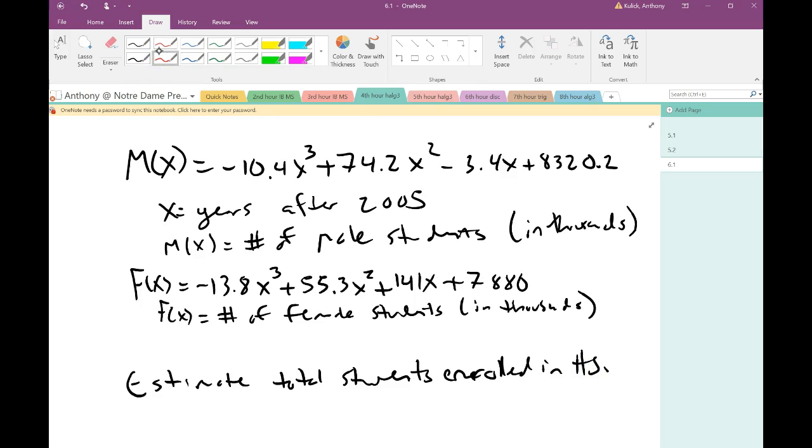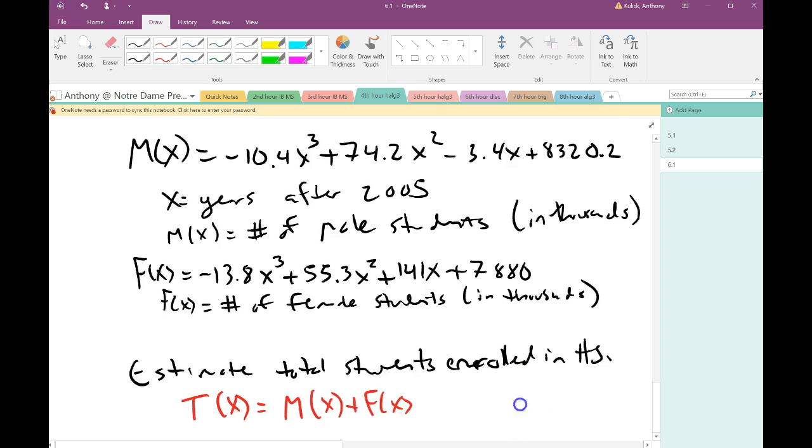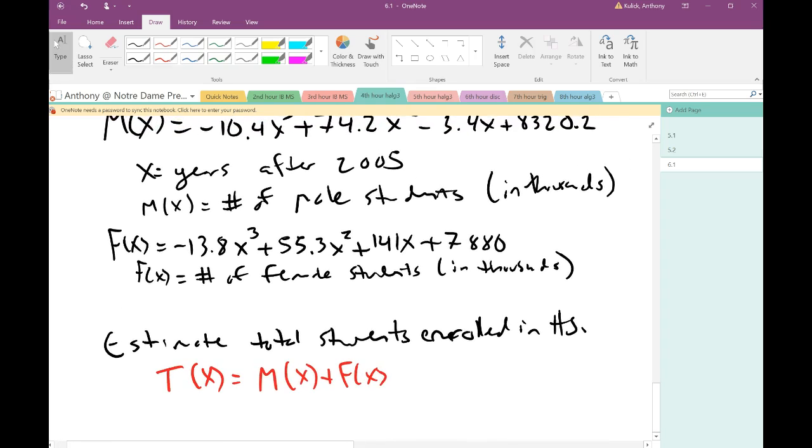Well, that should be pretty easy. The total number of students would be the number of male students plus the number of female students. So if I do that, I get negative 10.4x cubed plus negative 13.8x cubed, which gives me negative 24.2x cubed.